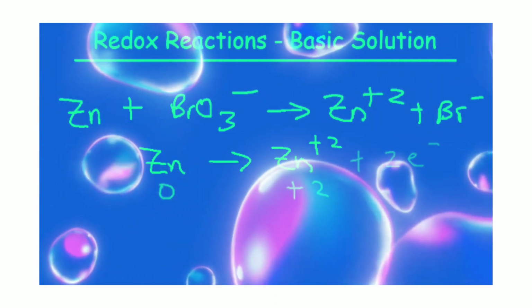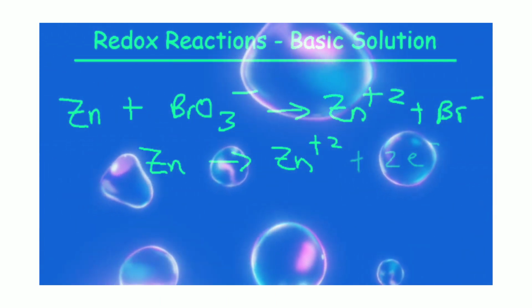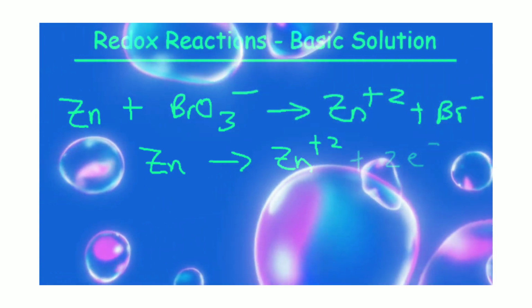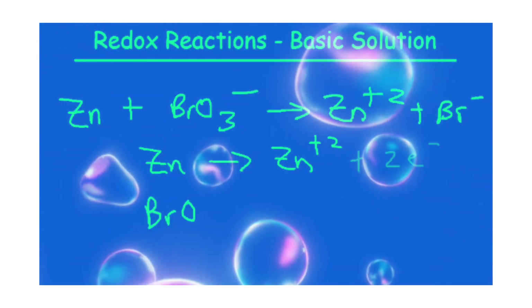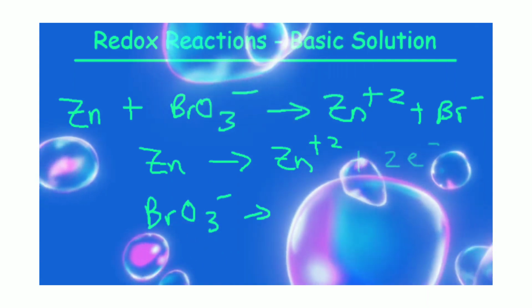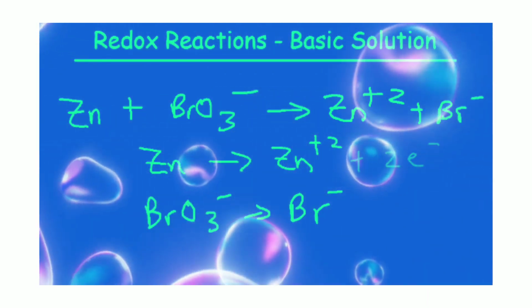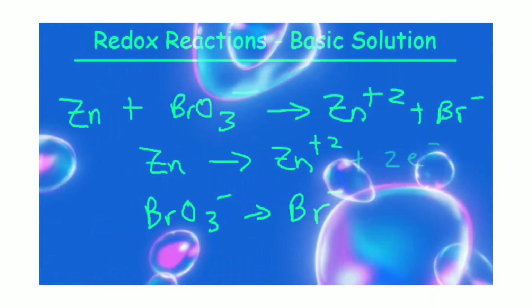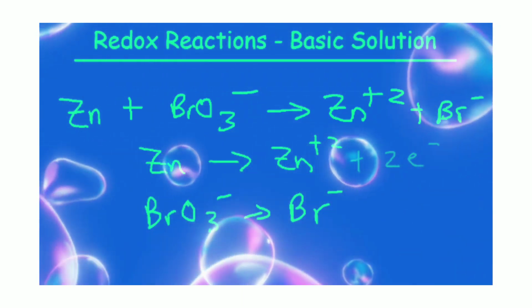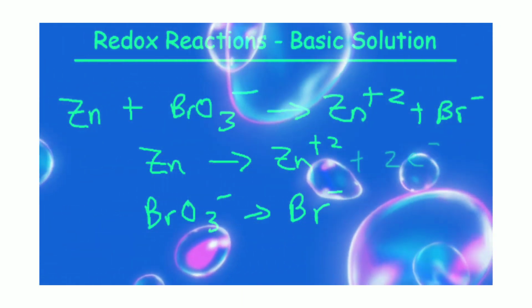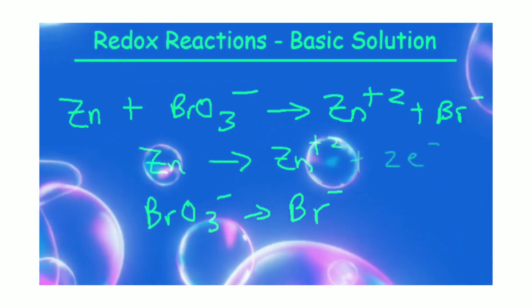So now, let's balance the second half reaction. So bromate converting into bromide. Now to balance this half reaction under acidic conditions, we are allowed to add H plus and H2O to balance the atoms first.